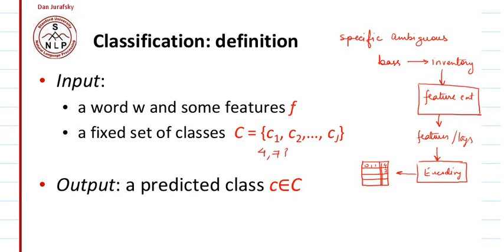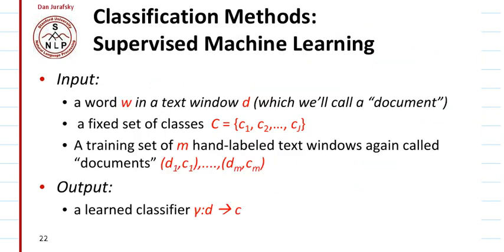It has two classes. For the word we are taking bass. For features we may take collocations. We may take bag of words, right? And then for a test sentence we may predict a class. Let's see how. This is the same as the supervised learning method. We could use the naive Bayes algorithm.